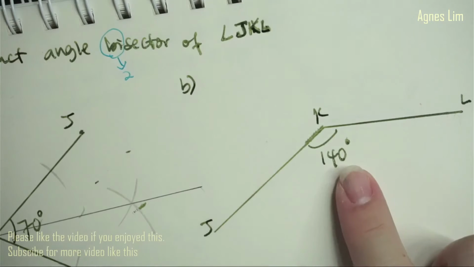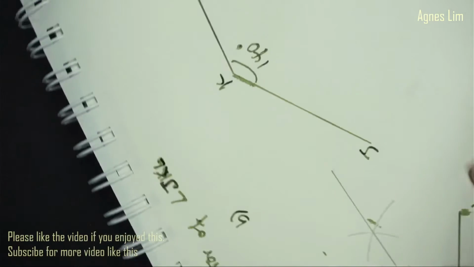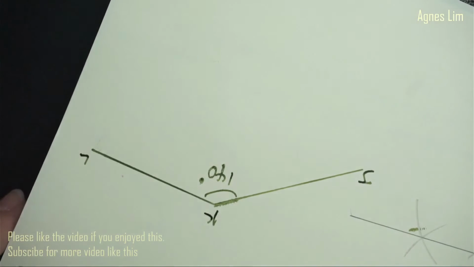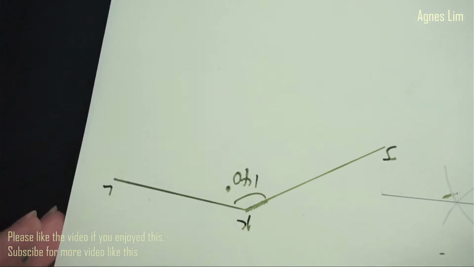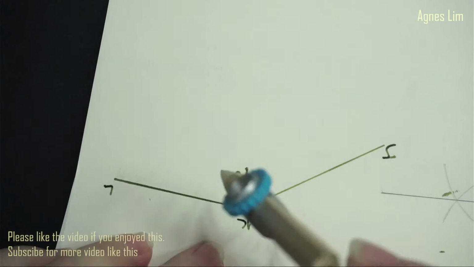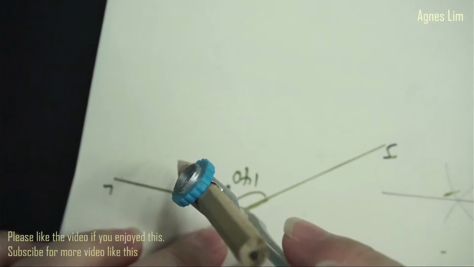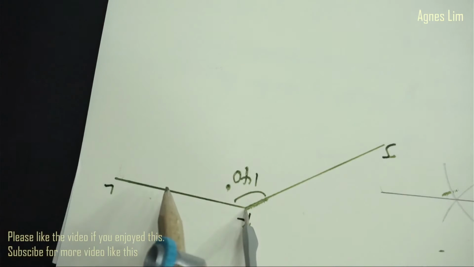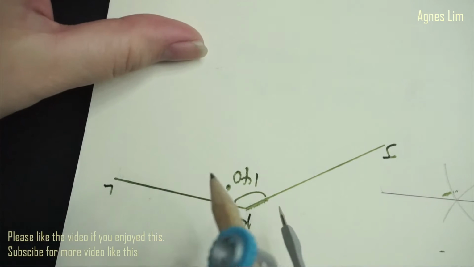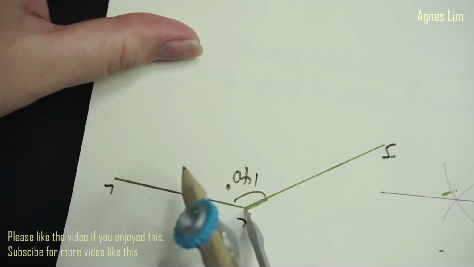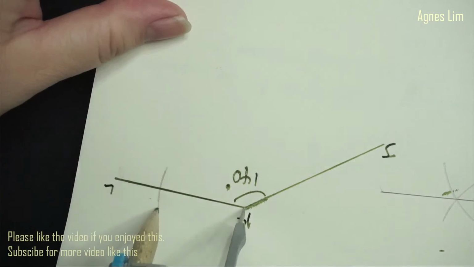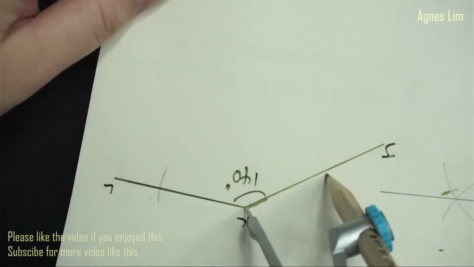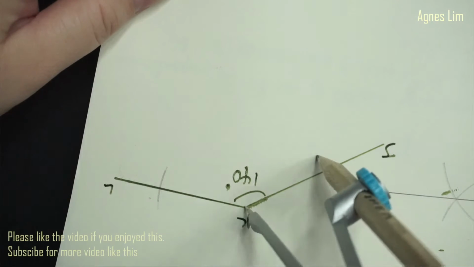Right, so here's another one. I'm going to turn my book so that I'm in a comfortable position. It is still the same method no matter how big or how small the angle is, or wherever the position of that angle is. Right, so an opening, do two markings, one per each line.